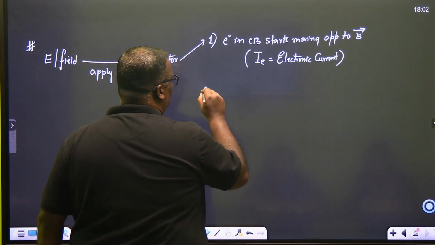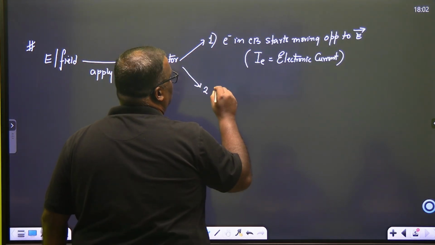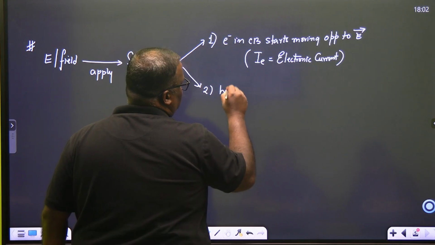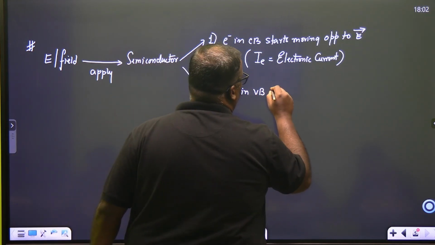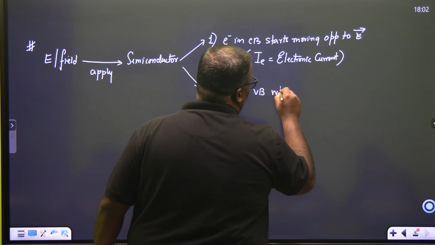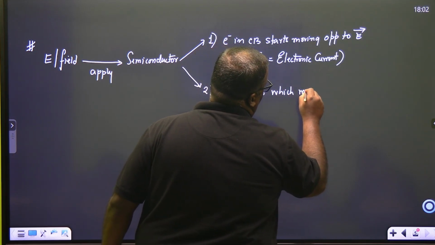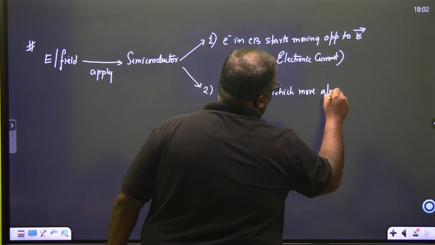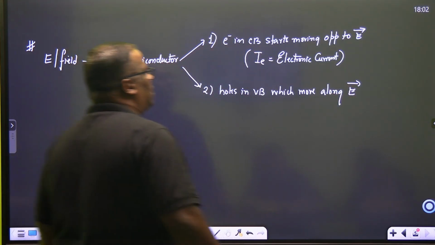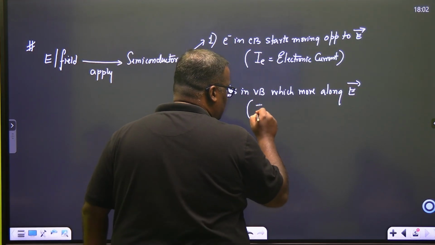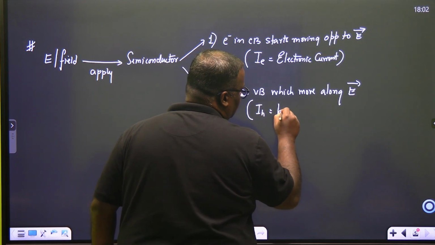And number two, holes in the valence band move along the electric field, and this will be known as your IH, the hole current.